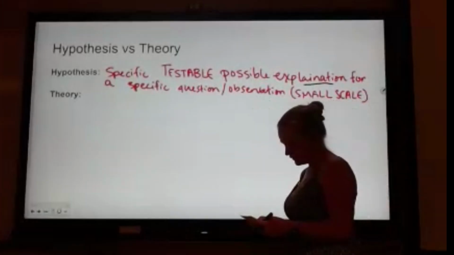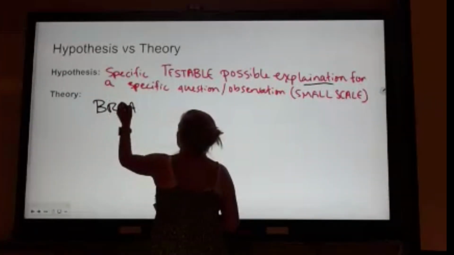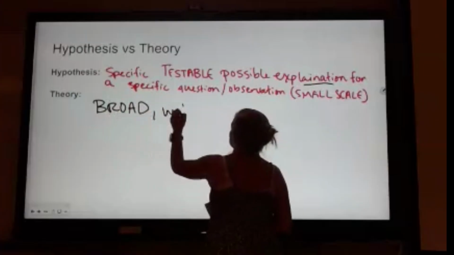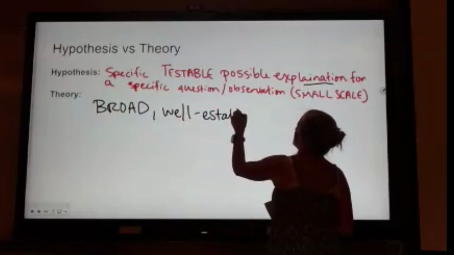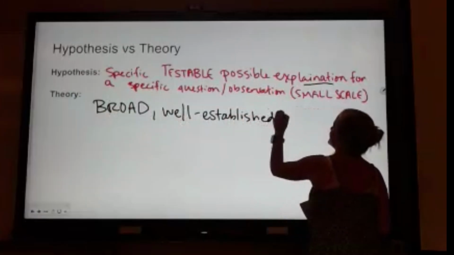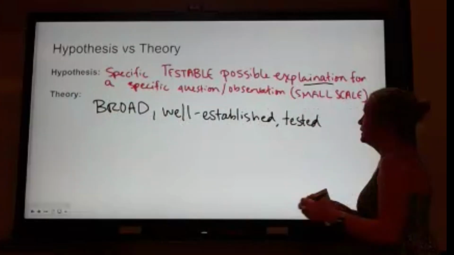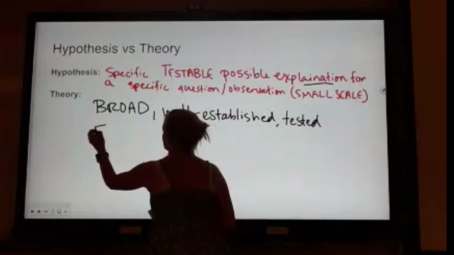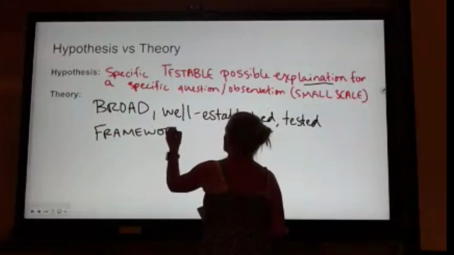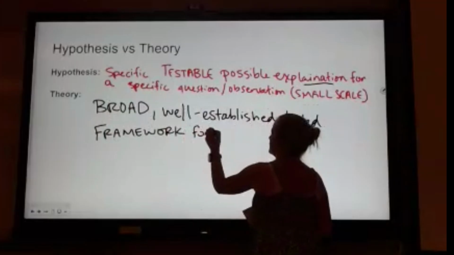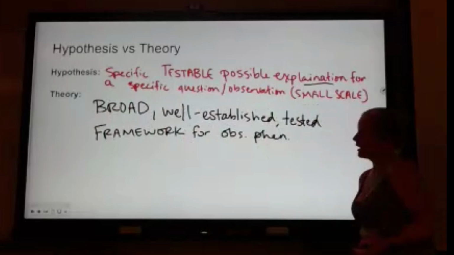Okay. A theory, on the other hand, this is broad. This is well established. This is tested with significant amounts of evidence. This is a framework for an observed phenomenon. That's how I'm going to spell phenomenon today.